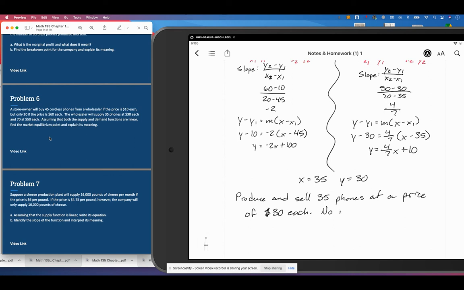No more, no less. And that, everyone, is market equilibrium. It tells us how many to produce and at what price for everyone to be happy.